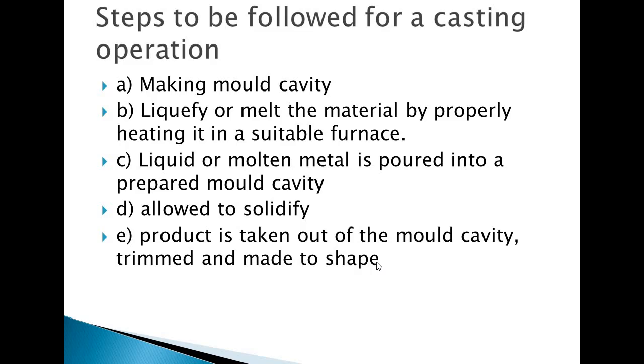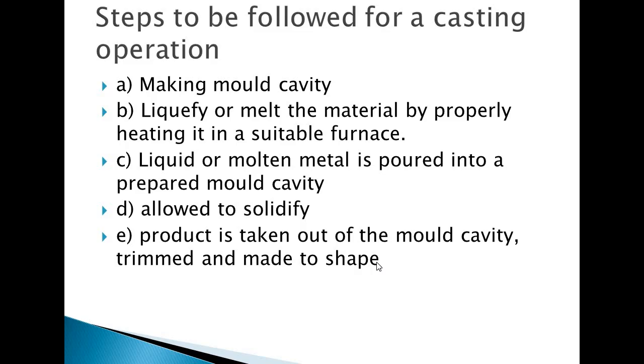For such parts, first you prepare a pattern, and by using this pattern we create a mold cavity, in which we pour liquid metal. The mold cavity is a hollow part inside your mold. The liquid metal we prepare is poured inside this cavity through the pouring basin.